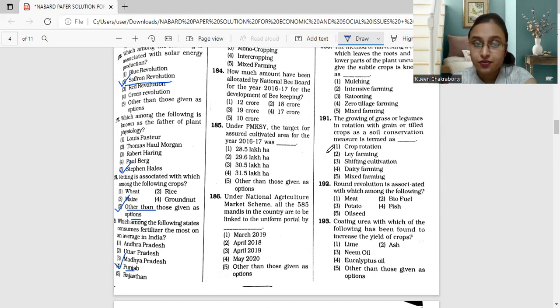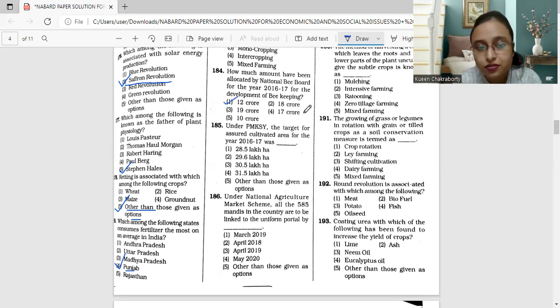As per a statement issued by the Union Ministry of Agriculture and Farmers Welfare on 2nd January 2017, an amount of rupees 12 crores has been approved for the National Bee Board, that is the NBB, for the year 2016-17. Honey production increased to 66,393 MT during 2016. And yes, we have seen the results also, that honey production has increased a lot. The correct answer is option number 1, that is 12.